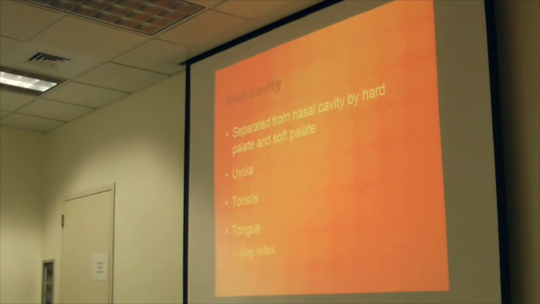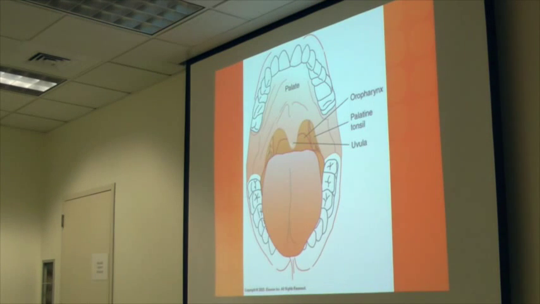Next thing listed are the tonsils. The tonsils are on the side of the oral cavity. Oh, here's the picture that I want. Okay, so we see the uvula hanging down, and that's to control the flow of food.